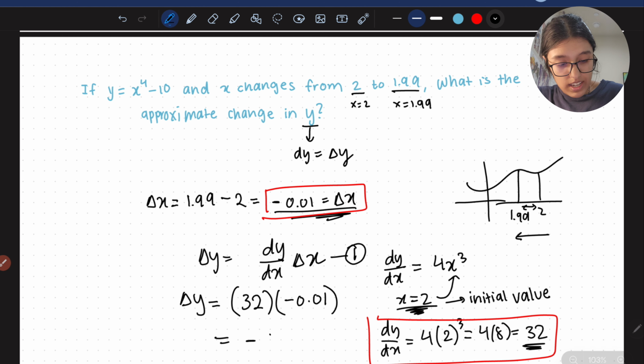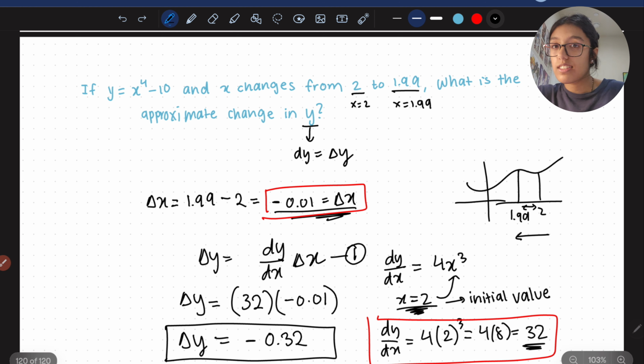Solving this, you get negative 0.32 as the change in y. But remember, this is the approximate change in y. Keyword is approximate. It's not the exact change in y. You would get the exact change in y when you plug in 1.99 in here and actually solve for it. But it's just saying approximate. We don't really want to do 1.99 to the power of 4. So instead, we're just going to do the derivative way.